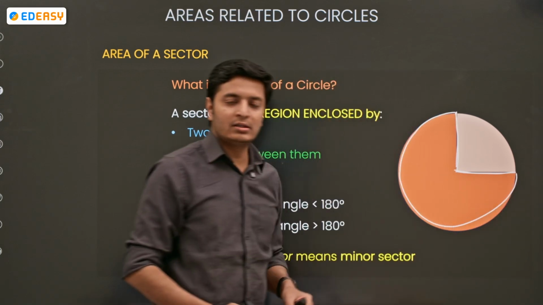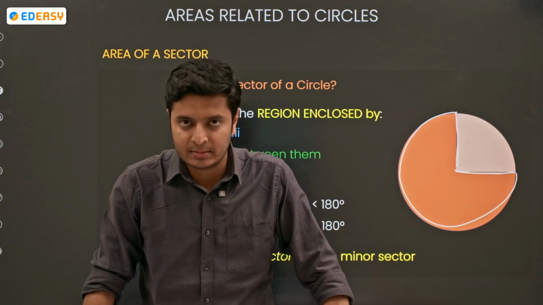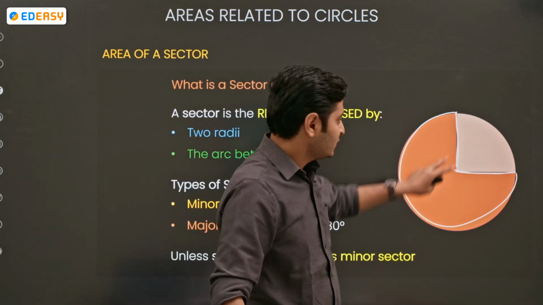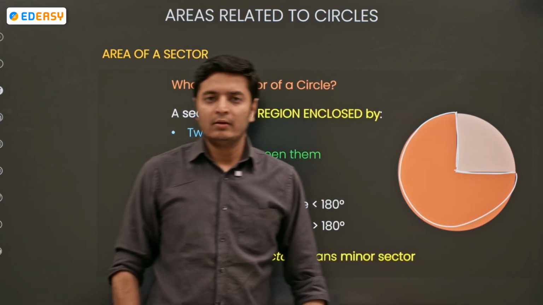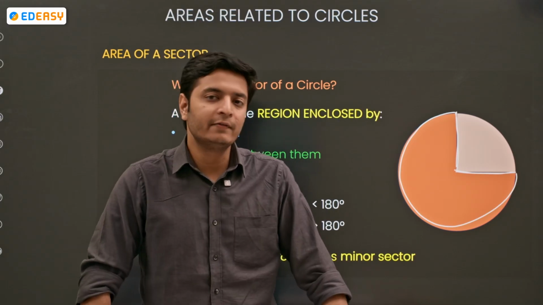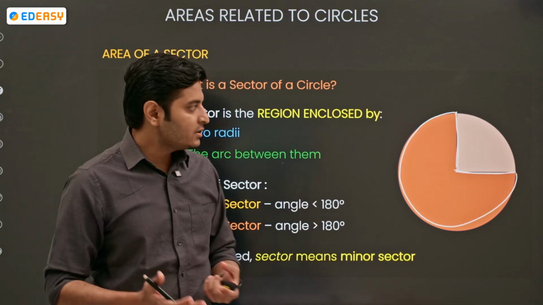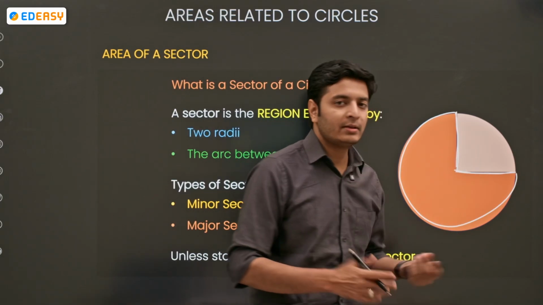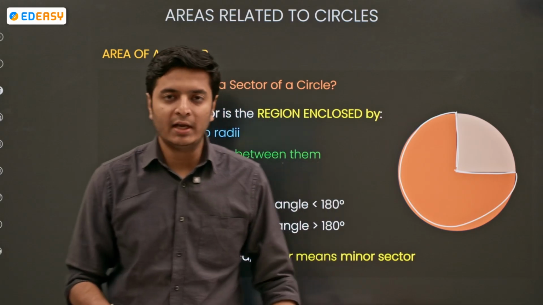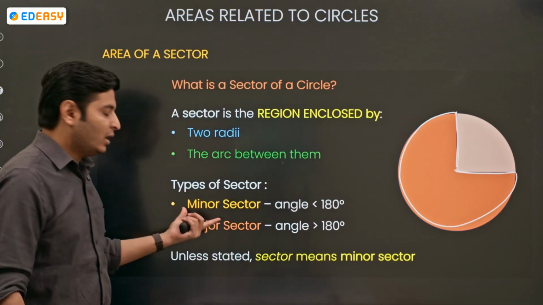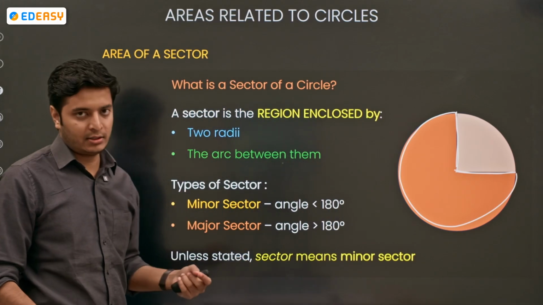So can we call this a sector also? Yes, this is a sector also. So how to differentiate between these two? As we can see, this is a very small area, this is a very big area. So depending on that, we can call them minor sector and major sector.